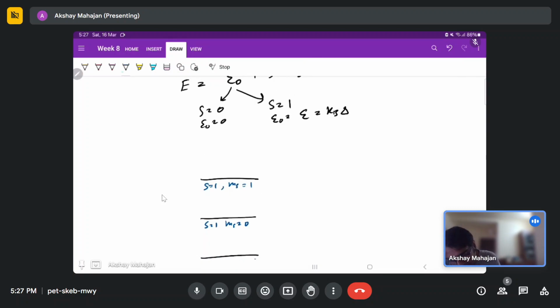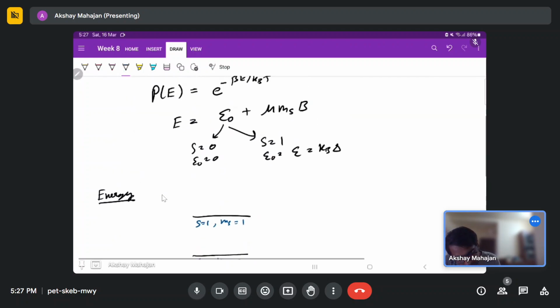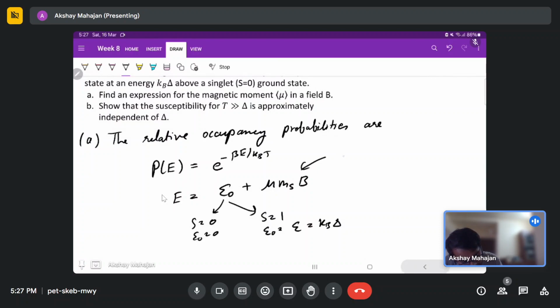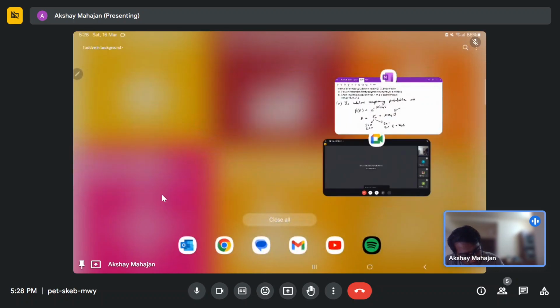Alright, so now if you have to calculate the energy, it will be equal to some ground energy plus mu times ms times B. This coming from the energy because of the magnetic field: it will be minus mu vector times B, and mu vector will be equal to minus of some ge times mu B times ms. So that's why the energy will be mu ms times B, it will be plus, because we are writing it in terms of the ms value instead of the magnetic moment.